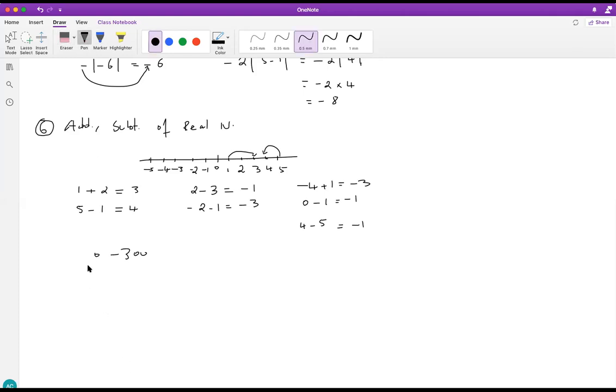Let's turn this into 200. Here we used 2 minus 3: we start from 2, go to the left 3 units, and get negative 1. But these are large numbers, and we don't want to draw a large number line and count to 200 and 300. That doesn't sound practical. What we can do is see if we can get a rule from here.